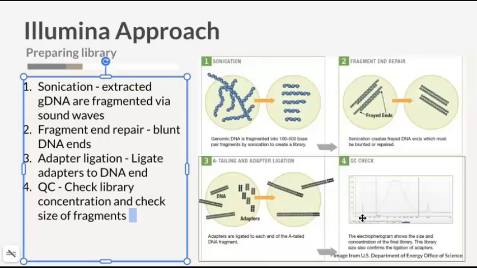So if you have a very short fragment, it's probably going to be poor quality. If you have a really long fragment, it's going to be really hard to do the post-processing steps, when you get to the point of aligning the fragments to the genome and so on. So you're going to run this QC check next in your library preparation.